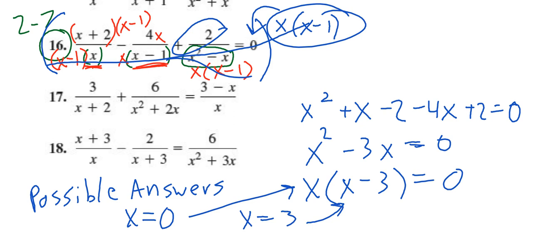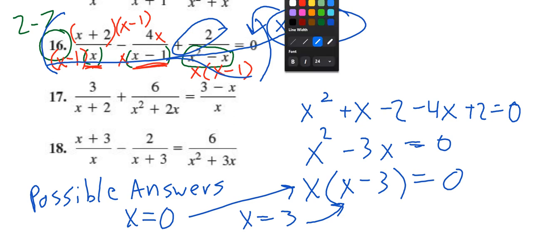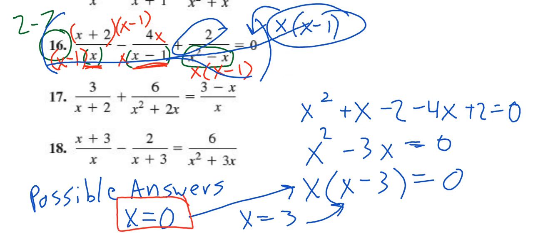One of them, or even both of them, might be extraneous. So this is the least favorite part of your life, plugging them back into the original equation to see if it works. Now, one of them is very obvious that it doesn't work. Which one does not work? 0 doesn't work in this case.